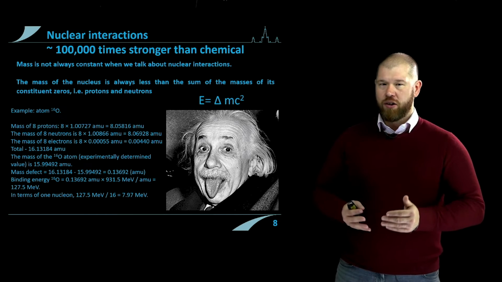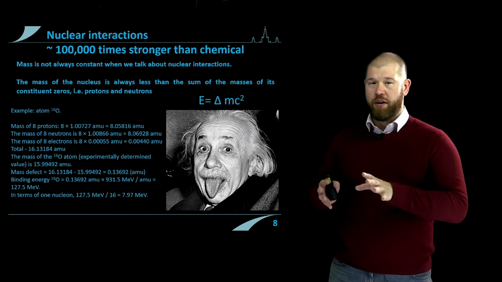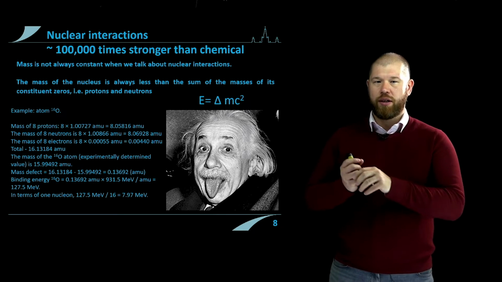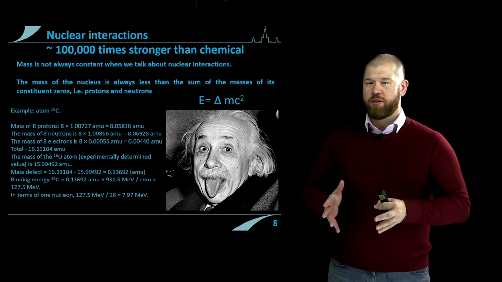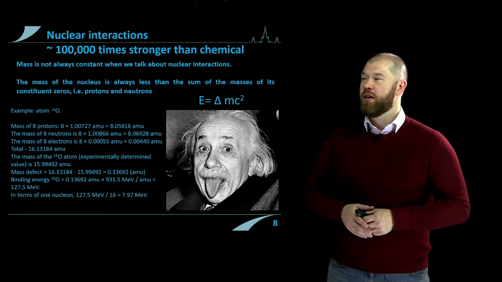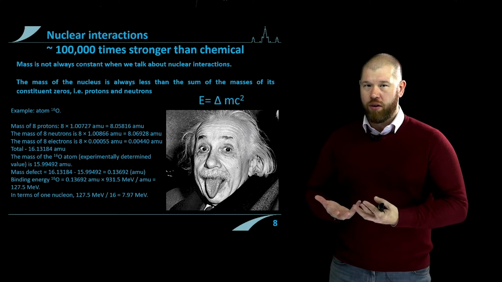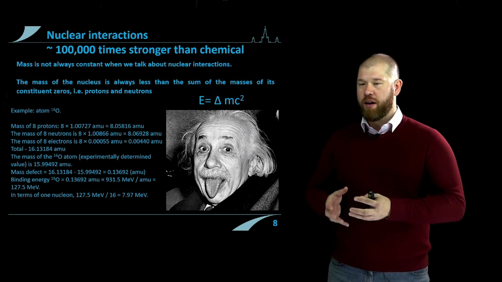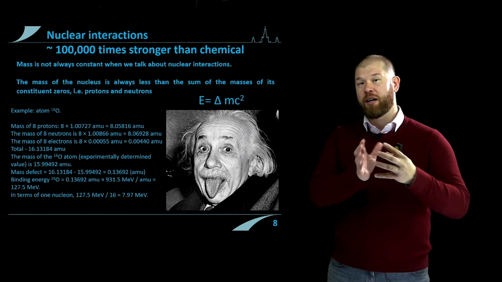And it is interesting that if we take separated protons, neutrons, and electrons, calculate their masses and sum them, then we obtain a larger value than the mass of an atom where all these particles are combined.